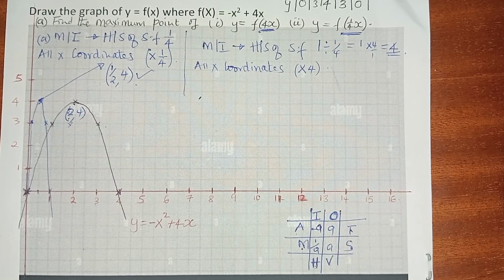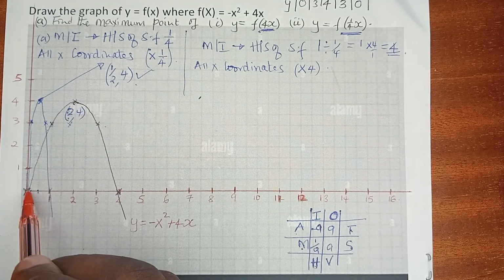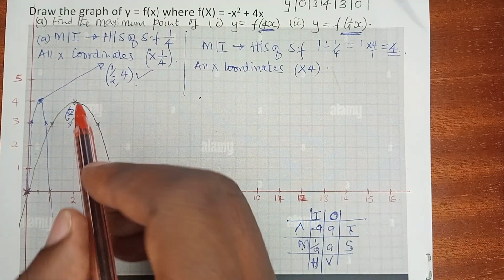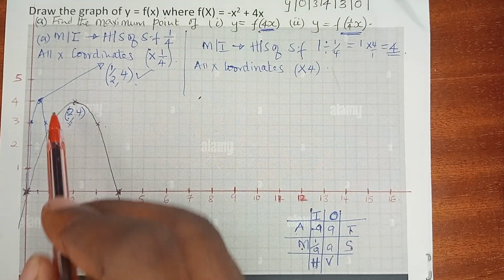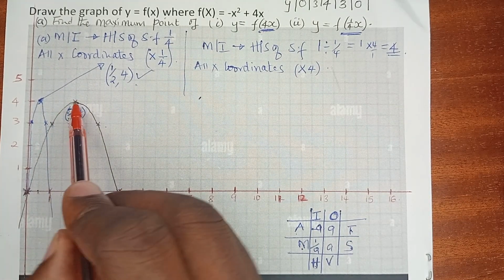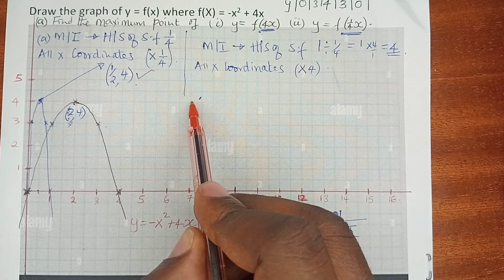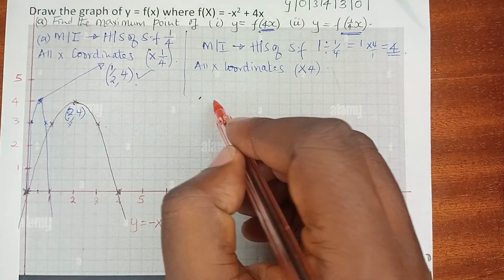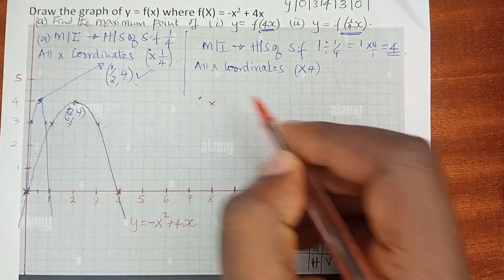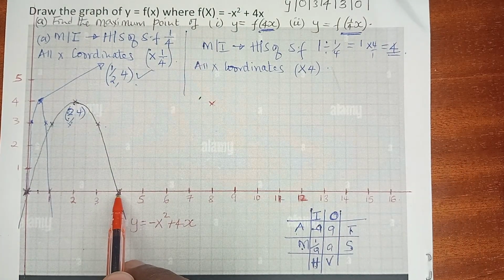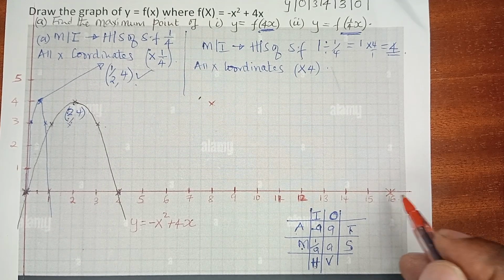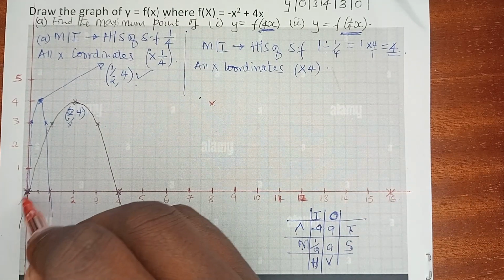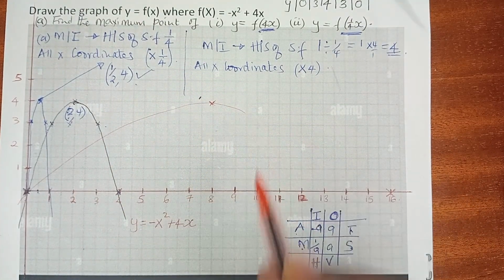Let us see what happens here. Here x is 0, and 0 times 4 is 0. Here x is 2, and 2 times 4 is 8, so we land all the way at this particular point. Here x is 4, and 4 times 4 is 16.